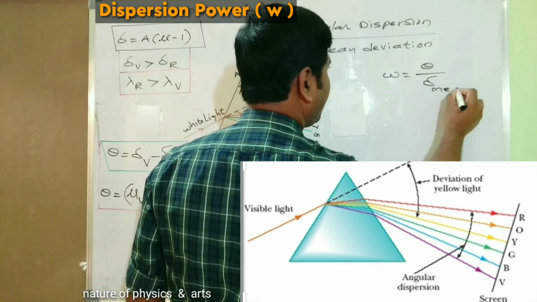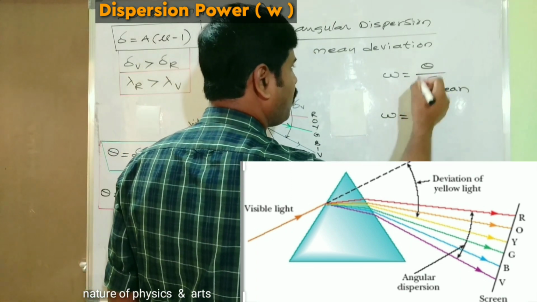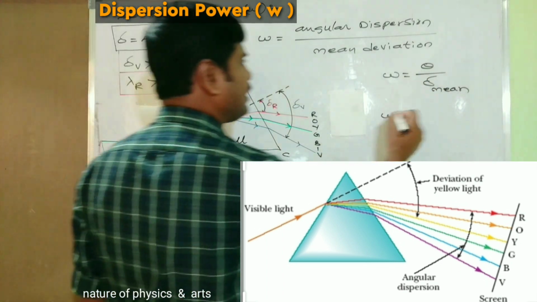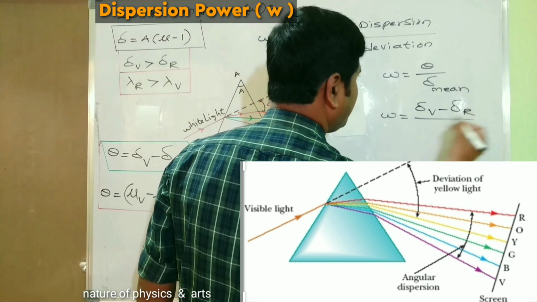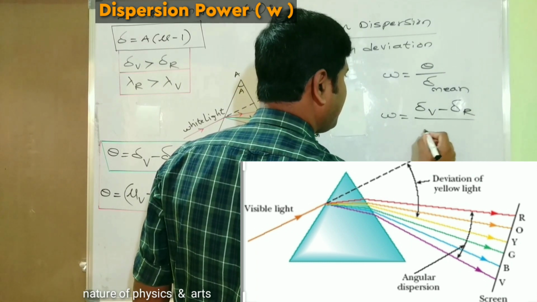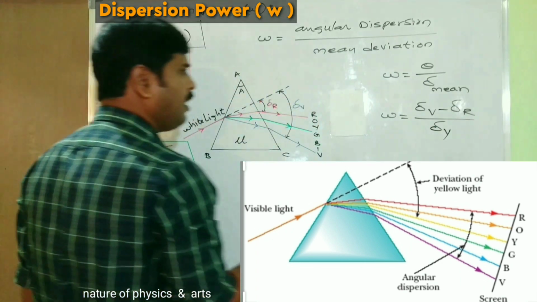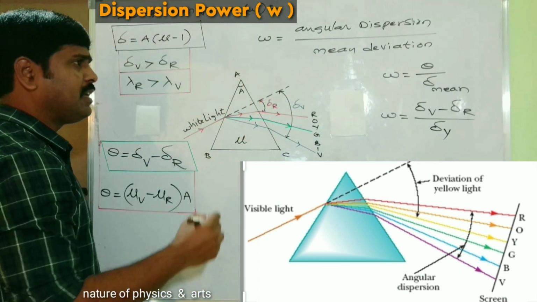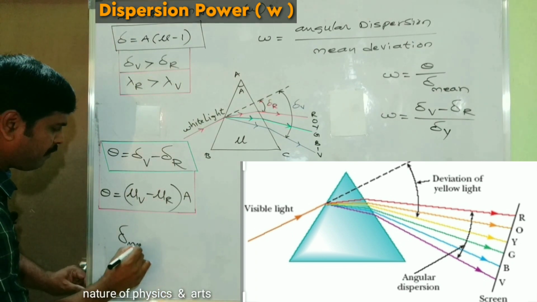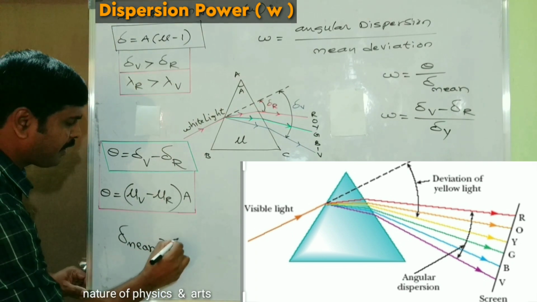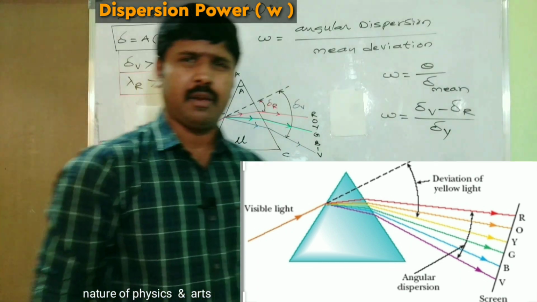Okay, so omega, which is equal to theta value, is del V minus del R divided by the mean deviation, which is the yellow color. Here the mean deviation, that is del mean, we are considering as the deviation of the yellow color.